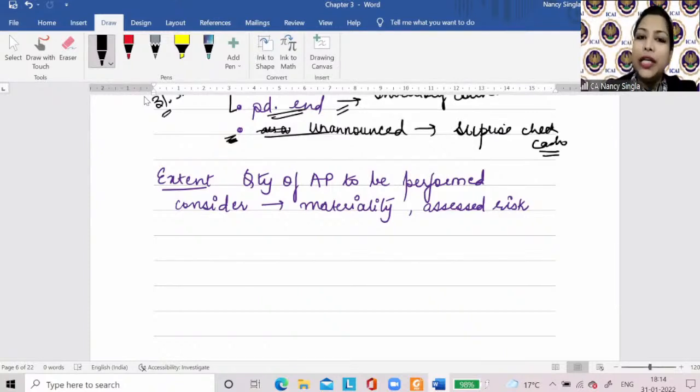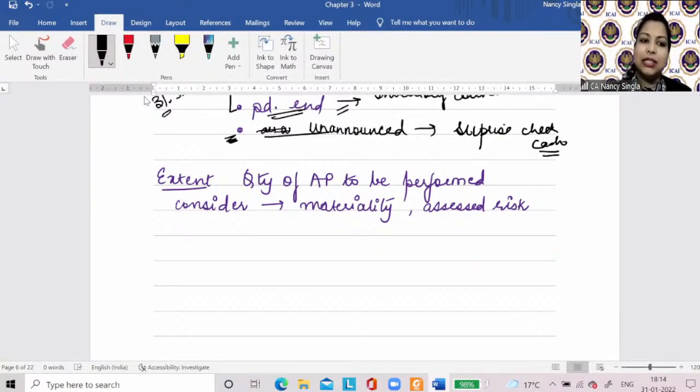When an auditor is planning, he needs to include a description of the nature of audit procedures he is going to perform, at what time he is going to perform, and to what extent. I hope now all your queries with respect to NTE of audit procedures, that is nature, timing, extent, are resolved.